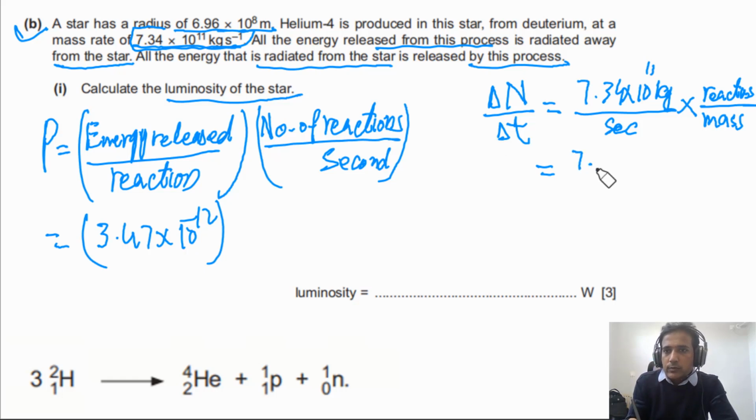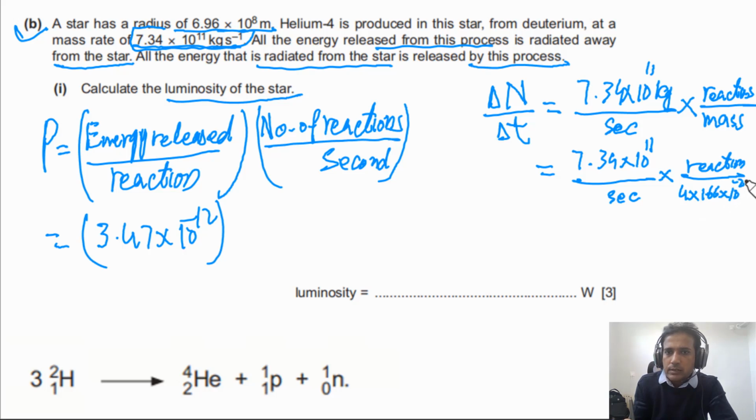So what is the mass of one single helium nucleus? The mass of a single helium nucleus is 4 times 1.66 times 10 to the minus 27 kg.